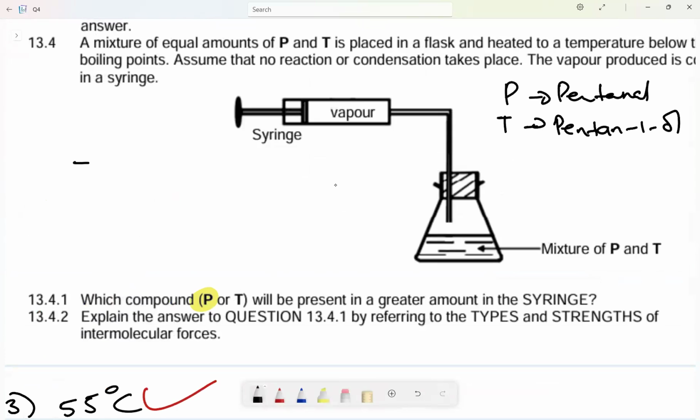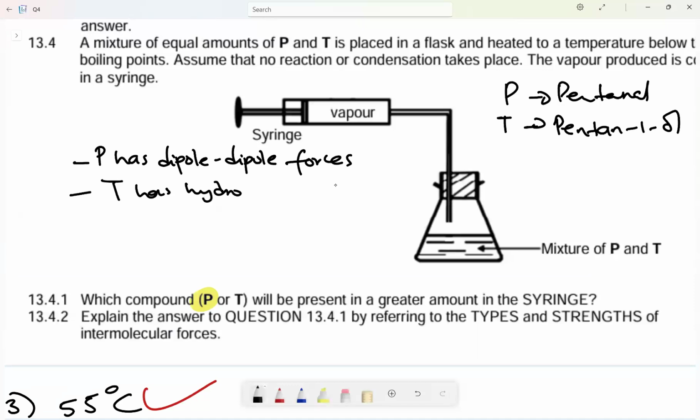Remember, P has dipole forces, and T has hydrogen bonding. They say referring to the type and strength only. Hydrogen bonding, this is the type.